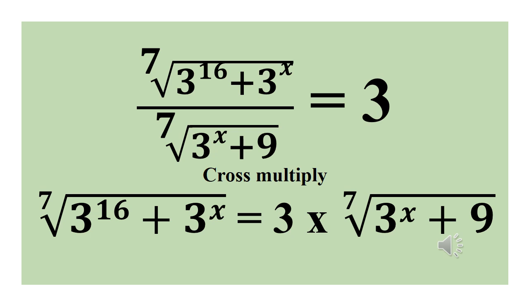If we cross multiply, the 3 will multiply the denominator under the 7th root. So we have the 7th root of 3 raised to power 16 plus 3 raised to power x equals 3 times the 7th root of 3 raised to power x plus 9.